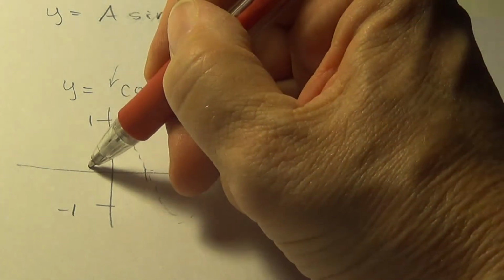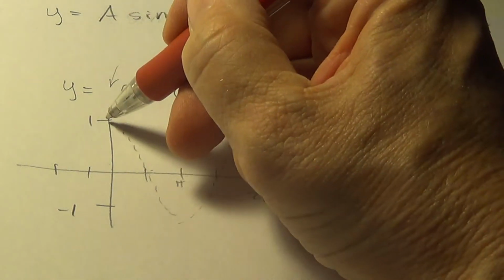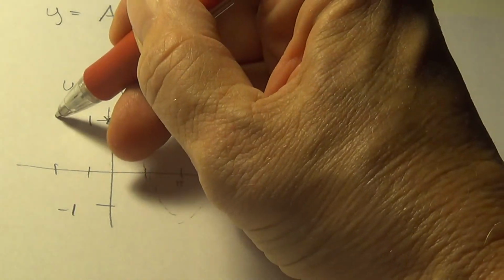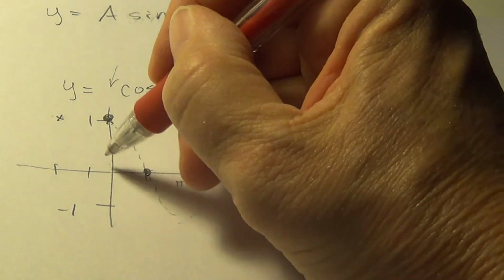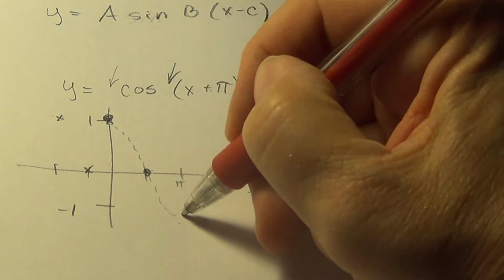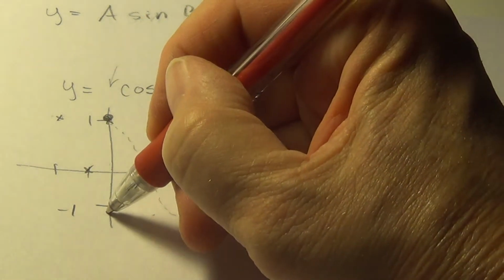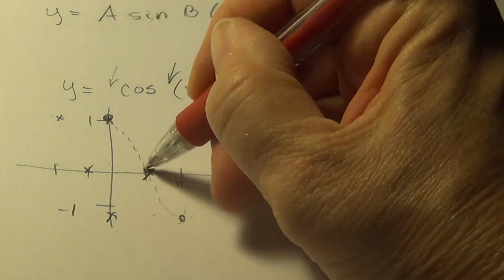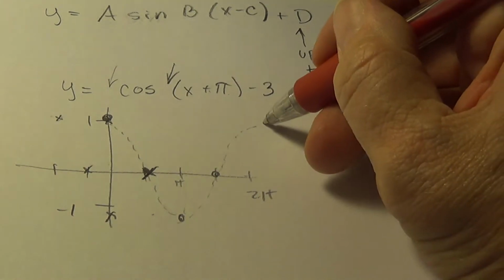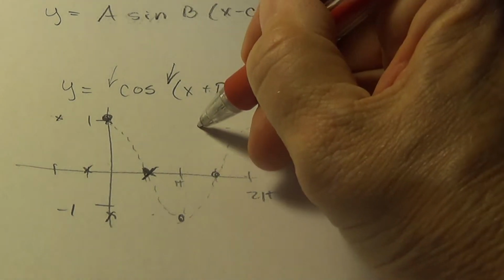So it's 2 tick marks. So I'm going to move each of these values over 2 tick marks. So this one goes over 2, this one goes over, this one goes over, this one goes over, it sits on top of that one, and this one goes over.